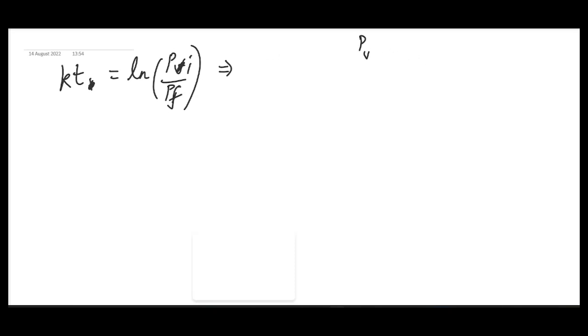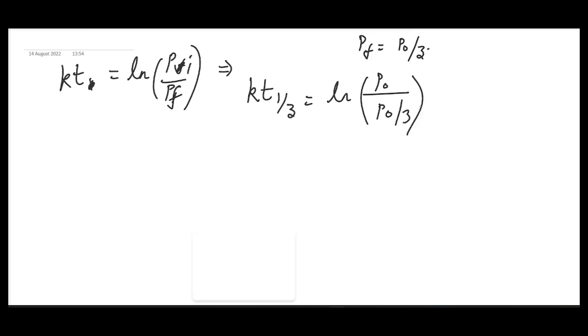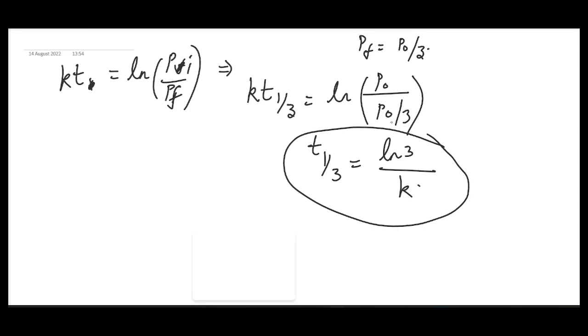So when pf is equal to p₀/3, that is at the instant when t = t₁/₃, the equation becomes kt₁/₃ = ln(p₀ divided by p₀/3). So therefore we get t₁/₃ = ln 3 divided by k.